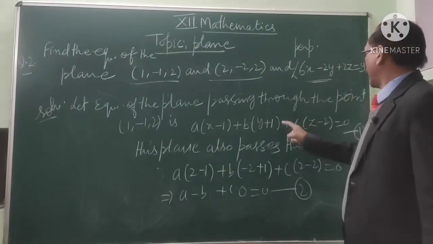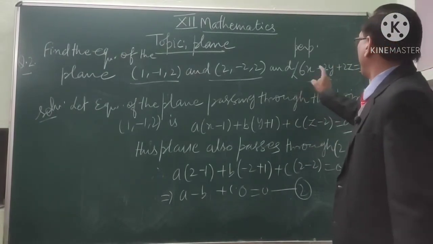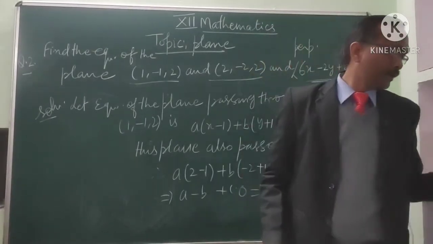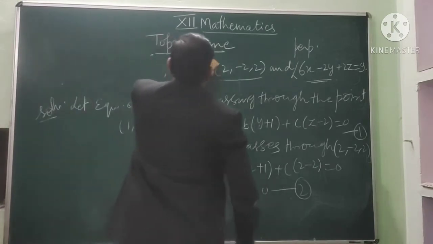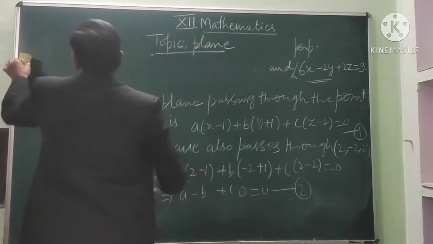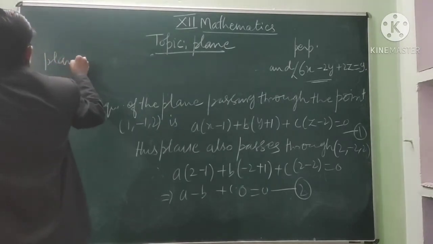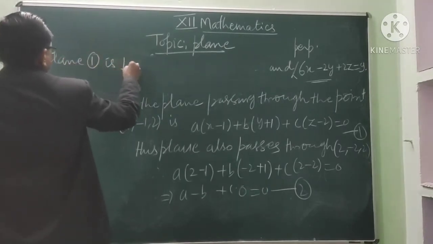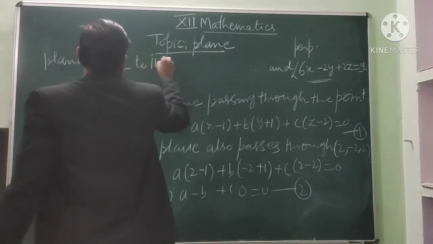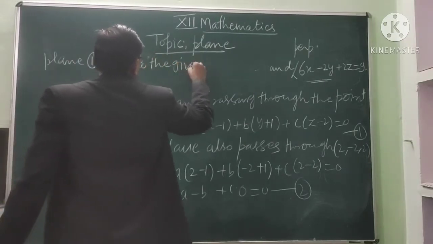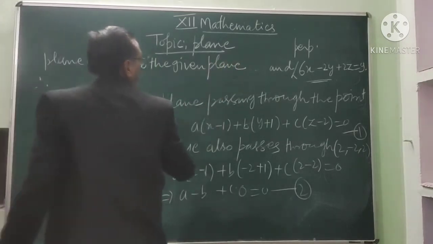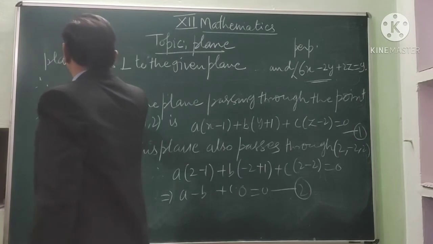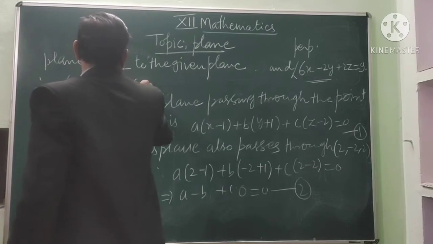Now, plane 1 is perpendicular to the given plane. Therefore, we will get 6a - 2b + 2c = 0.